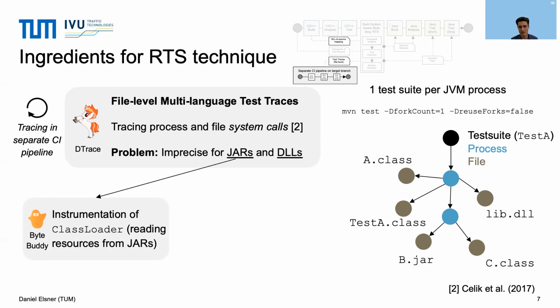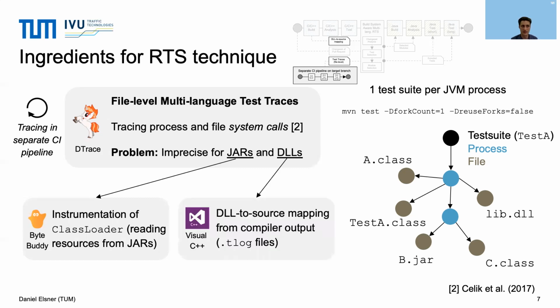And this is problematic because we might miss all the resources and class files that have been packaged inside this jar file. So in this case, we are instrumenting the class loader as well, and thereby we also find all resources that are accessed from inside jars.